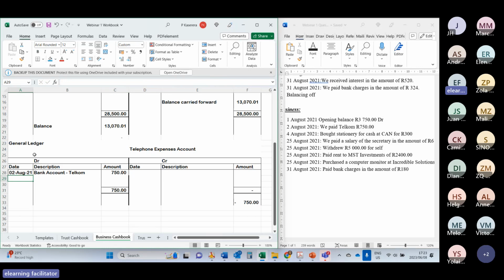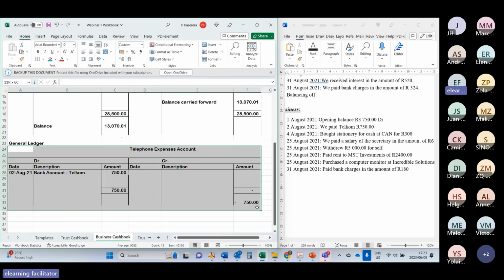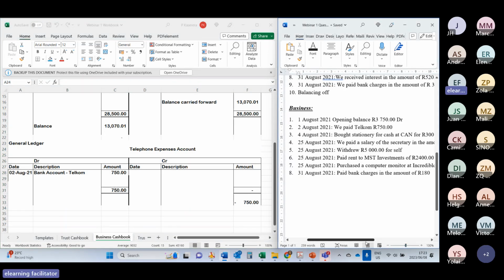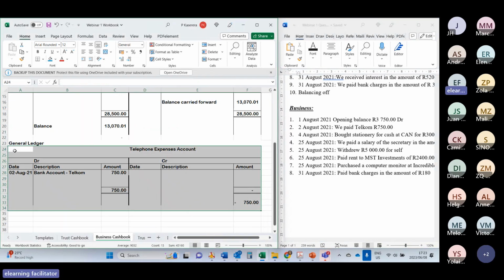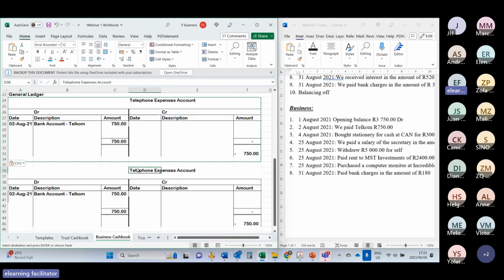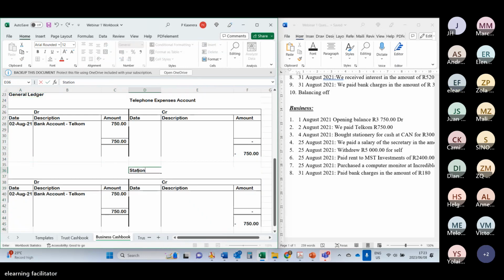And then we buy stationery. That is our second transaction. Hope you can see it now. Let me try to enlarge a bit because this is a bit shorter. We buy stationery, then we also create a stationery expense account.